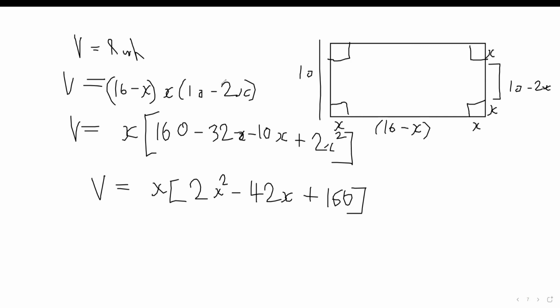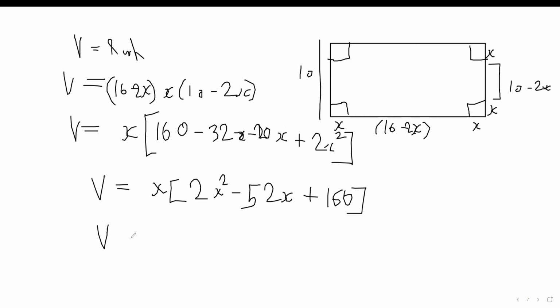Shoot, we made a slight error. If this piece here is x and this piece here is x, I made a blemish right here, then this piece should have been 16 minus 2x. I gave it away. So minus 2x times 10 would have been minus 20x, and this would have been minus 52x. All right, so this would be the volume now.